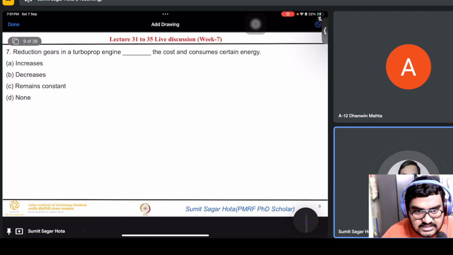So that's the reason it consumes both: it has some cost as well as consuming some energy of the whole system, but the outcome is very high. That's the reason we are using it, because it increases the speed very high, maybe 5 times or 10 times. So that's why we use the reduction gear in the turboprop engine with all these disadvantages.